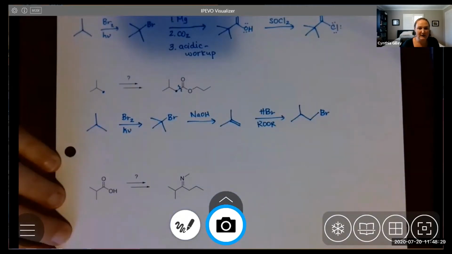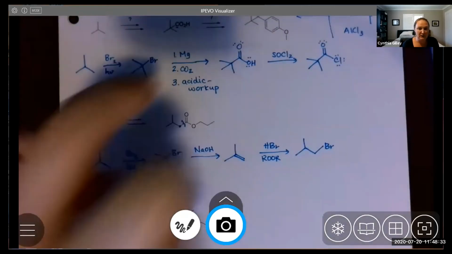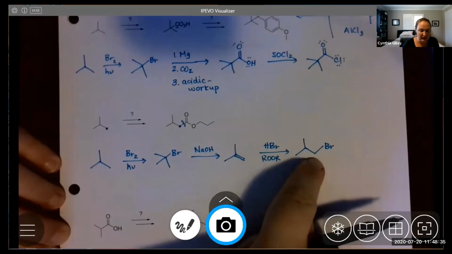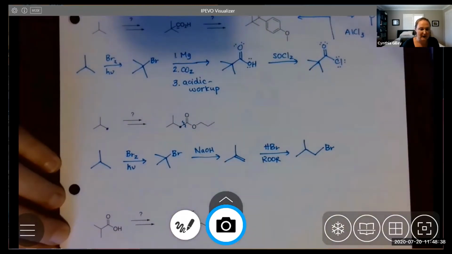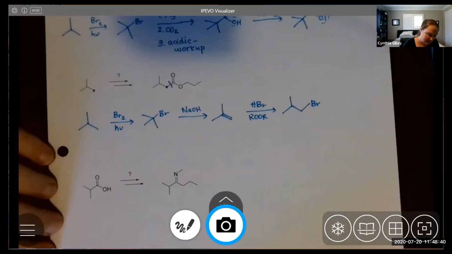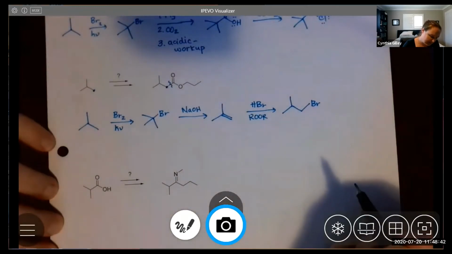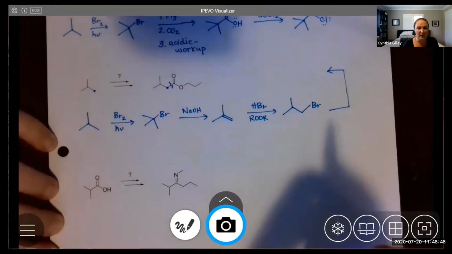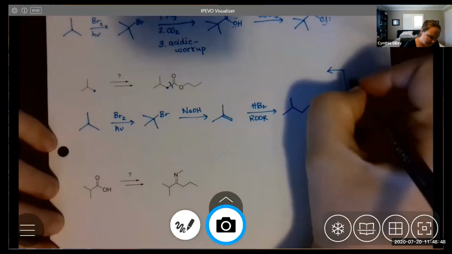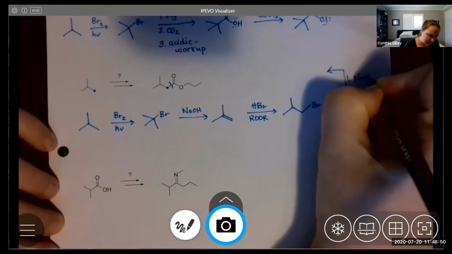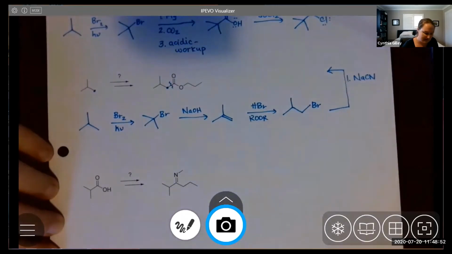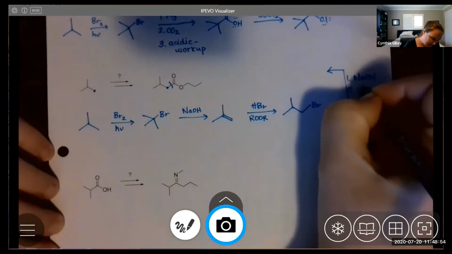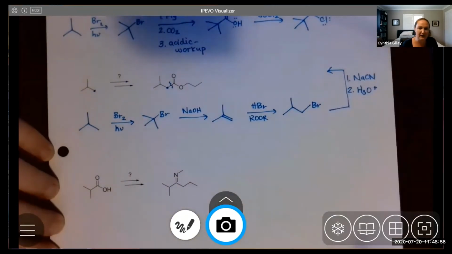You have your choice here. You could do the same thing we did up here, or, because this is primary, you can do the sodium cyanide method. Just to make it a little bit different, and again, you could go either way with the reagent. If you wanted to do the sodium cyanide method, you would use that, followed by a hydrolysis of the nitrile.